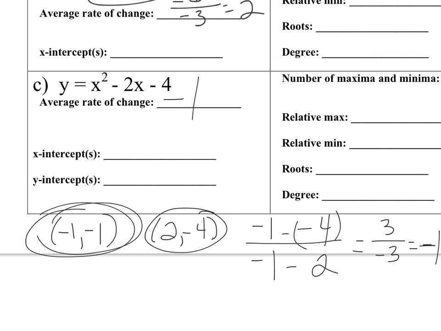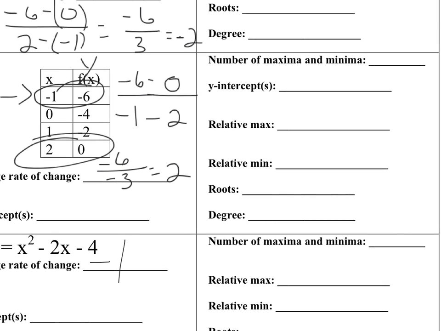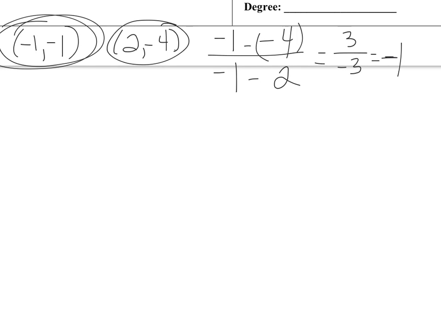So we have 3 average rates of change. Those 3 average rates of change are, so for the graph, it was, I forget.